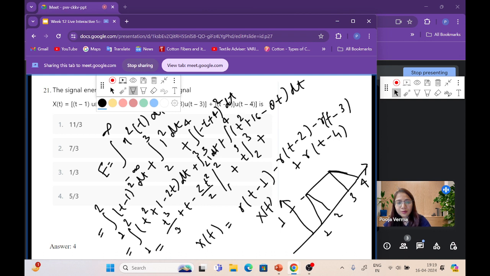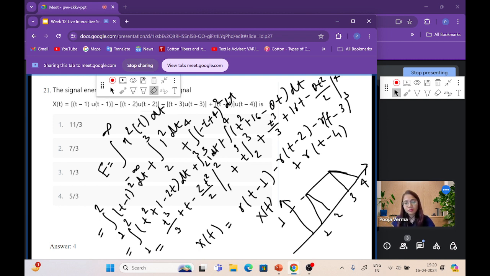So what we will get: t cube divided by 3 plus 16t minus 8t square by 2, evaluated from 3 to 4. Now after that I am removing from here. I hope all of you have noted down. So can I remove this part?